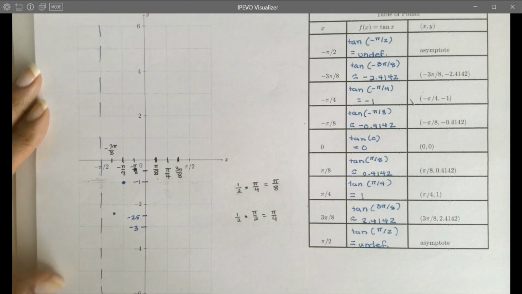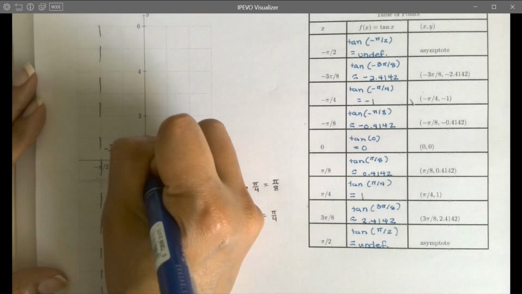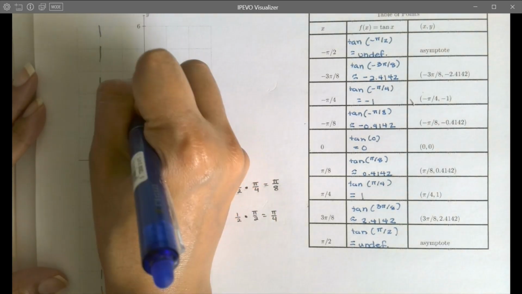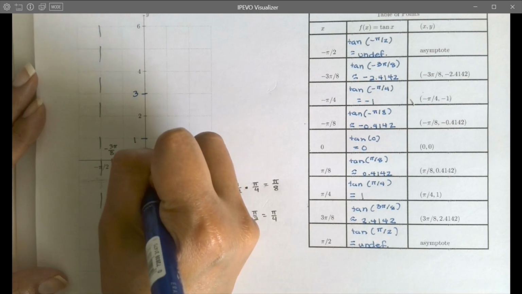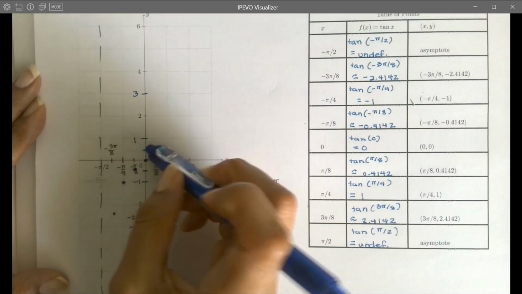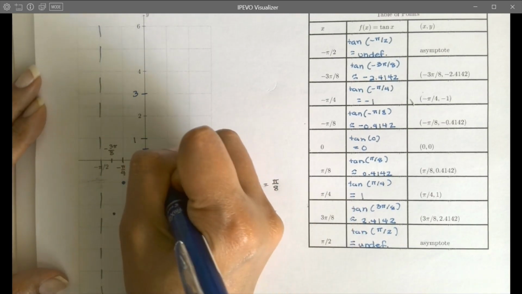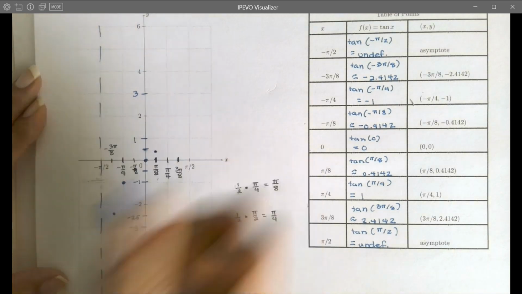Then we have 0 comma 0, pi over 8 comma 0.4. So I'm just going to label these in really quick. This would be positive 0.5. Actually, it's a little bit higher, halfway. So 0.4 is going to be right beneath that line.